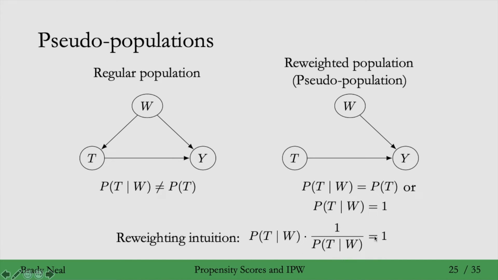So we reweight all of the examples by the inverse probability of treatment, and then those two cancel and we end up getting 1. Importantly, the thing that we end up getting does not depend on W. So by multiplying by the reciprocal of the propensity score, we've basically deleted this edge from W to T.